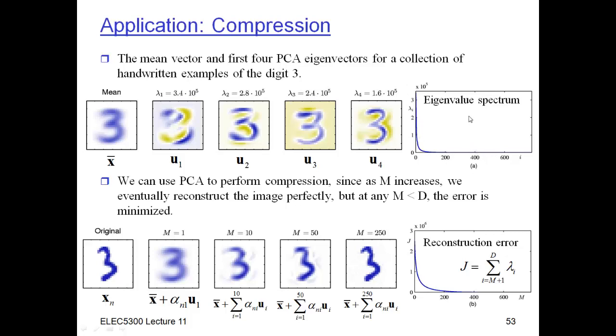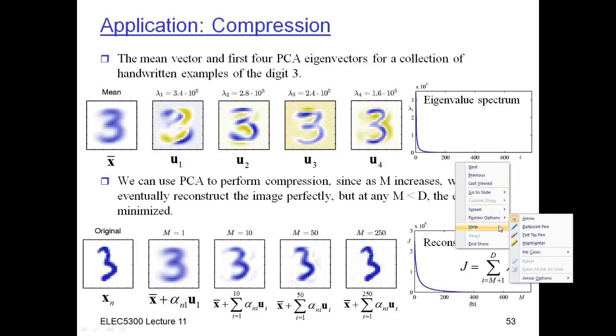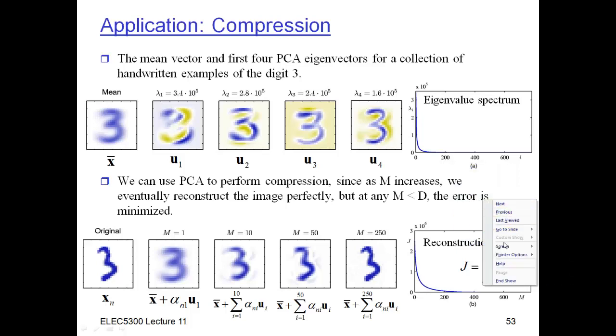Now, if you remember, we had this term that said, well, if we only take the eigenvectors up to m, right? Let's say, for example, that this was the value of m.